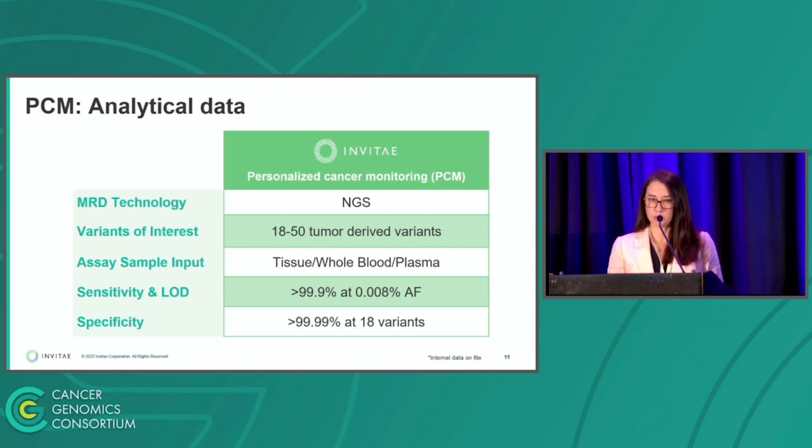They're going to have really low levels of cell-free DNA. And that's one of the ways we leverage our Archer anchored multiplex PCR or AMP chemistry, because it selects for those smaller fragments that really are the circulating tumor DNA within the cell-free DNA. And our specificity remained high down to 18 variants.